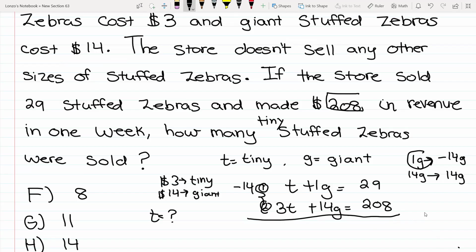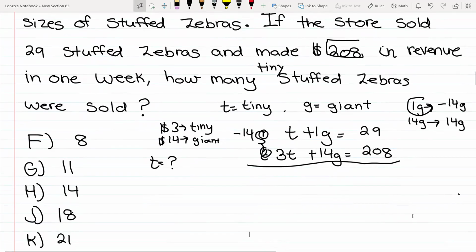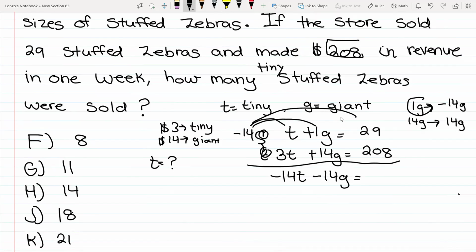Okay, so let's FOIL that out. So it's going to be negative 14. Negative 14 times g is negative 14g. And then negative 14 times 29. Hold on.